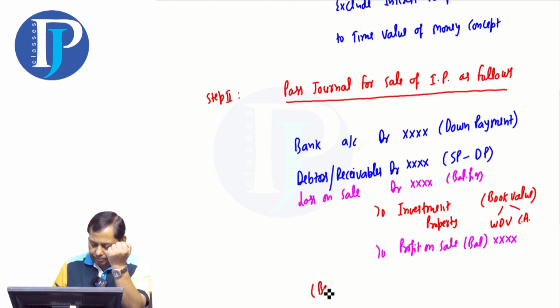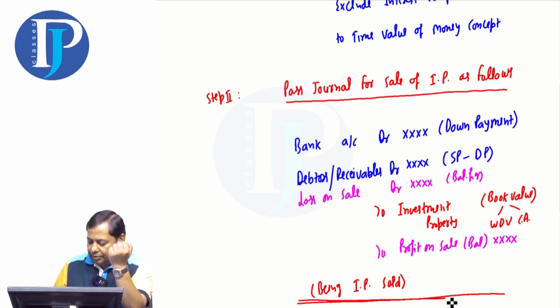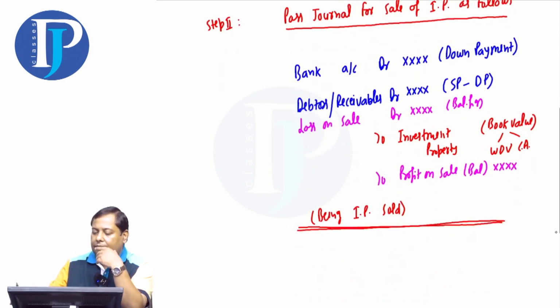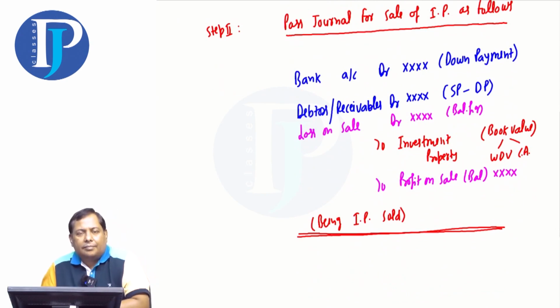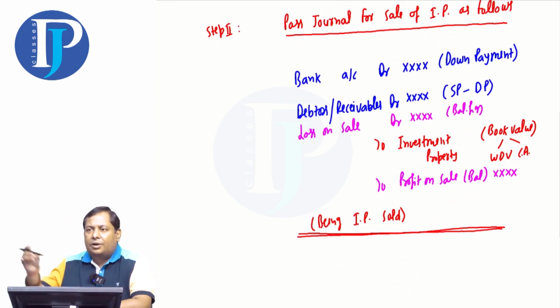Being investment property sold. Down payment taken. Money not received has been booked as receivables. The property is removed. The difference will be profit or loss.